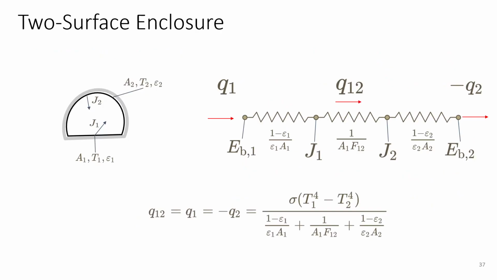Over here, you can see that if we have two surfaces, 1 and 2, due to the different geometries, or the view factor, we will have one resistance, and due to the inherent radiation resistance across both of these individual surfaces, we will have these resistances. Ultimately, we just take the summation of all these resistances and put it in the denominator, and the driving force of the radiation will be given by this law. So this is how we use it.